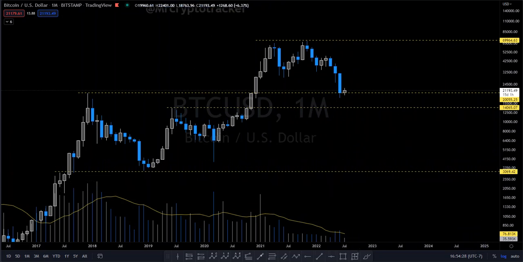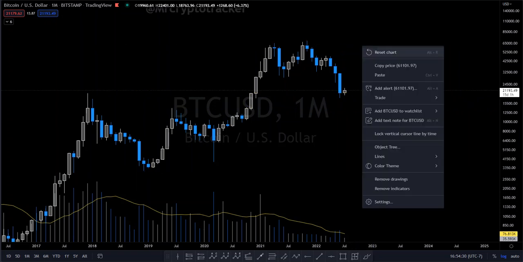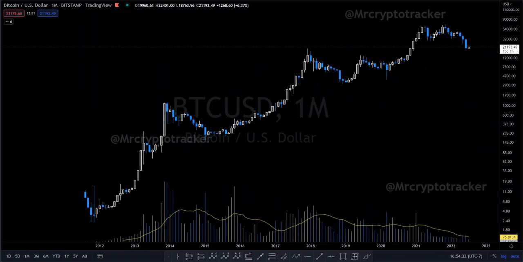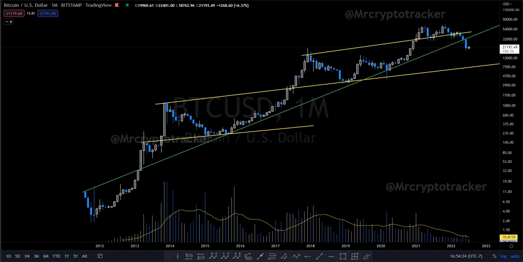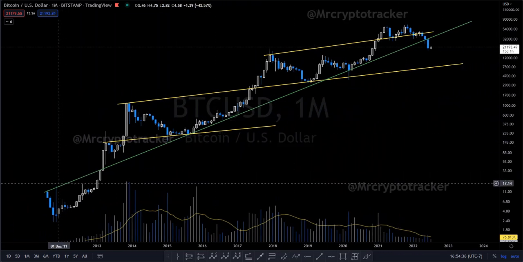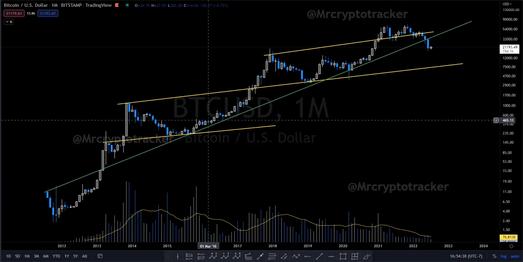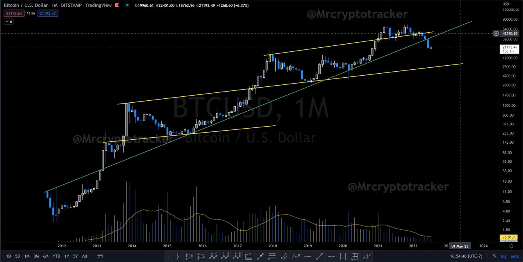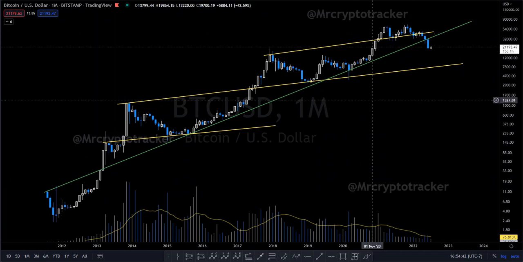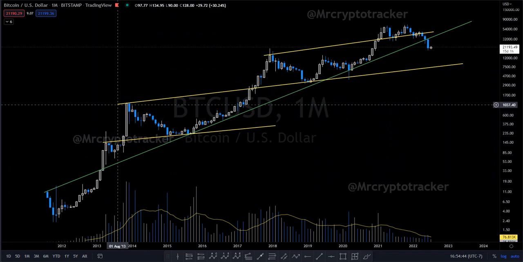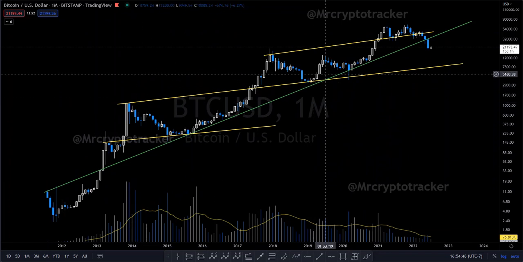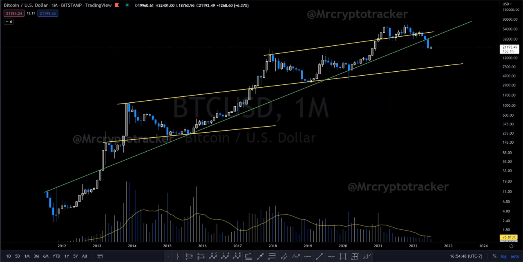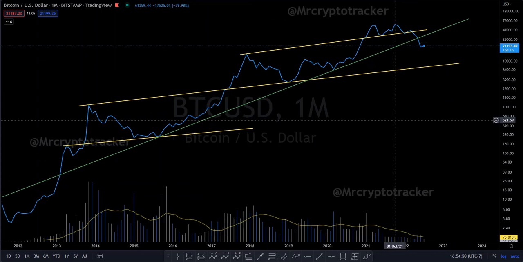Also, if we want to take a look at the trend lines, this green trend line is the long-term trend line. We talked about it at the start of this video, and then we can see these trend lines as well. If I put it on line chart, you can see better.